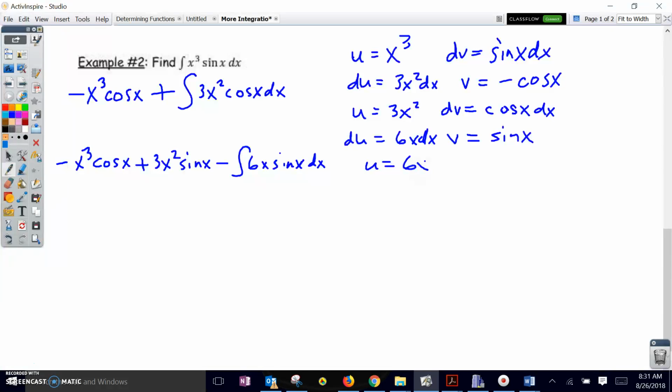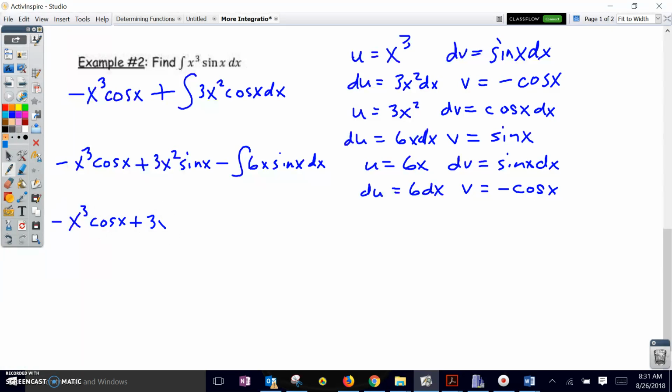So u is equal to 6x, dv is equal to sine of x dx, and so du is 6 dx, v is negative cosine of x, and so I've got negative x cubed cosine of x plus 3x squared sine of x minus uv minus the integral of v du minus the integral of the negative.